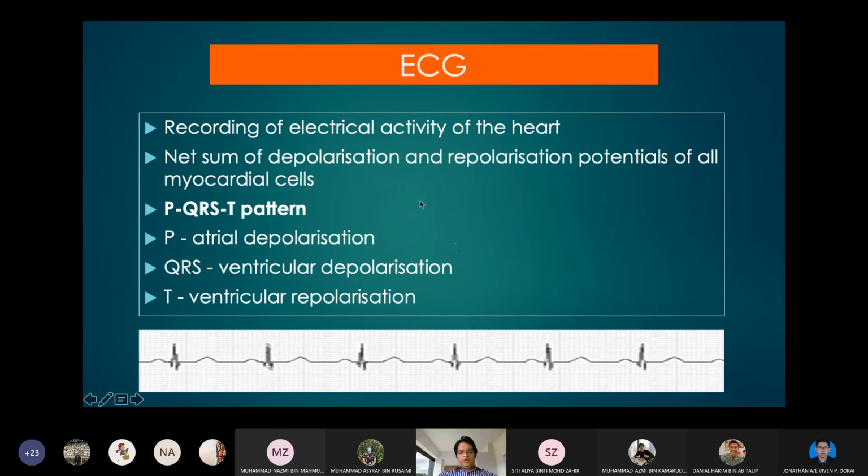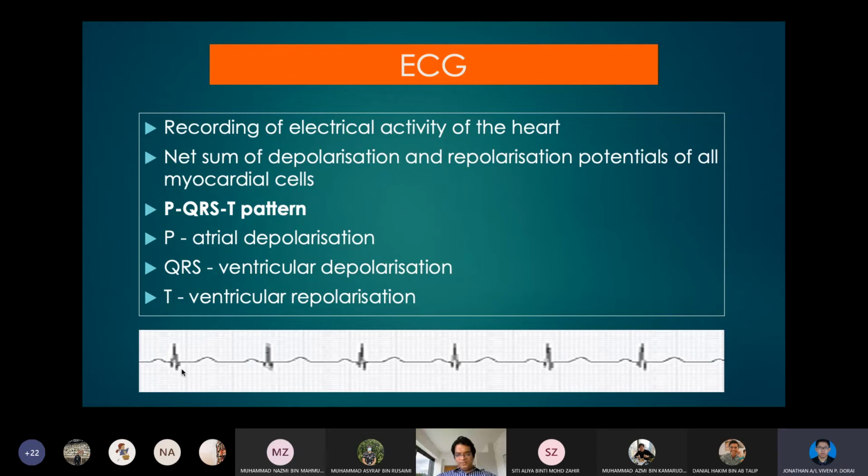Okay, so I think all of you know ECG has P, QRS. Who can tell me what P denotes? Atrial depolarization. Yes, it means entrance of sodium, right? That is very important for me. QRS? The ventricular depolarization.